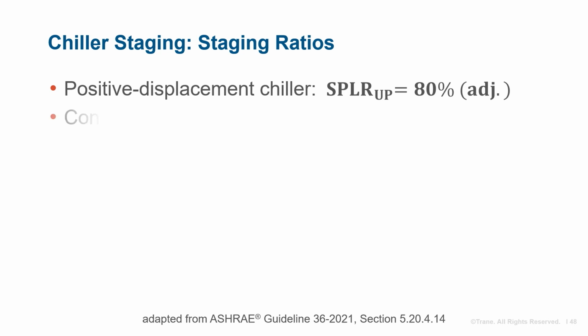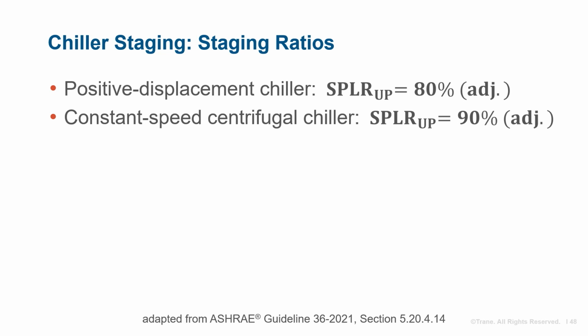Because constant speed centrifugal chillers are often the largest and last stage chiller in the plant, and their efficiency is more sensitive to load, their staging rules take precedence over the prior rules. These chillers cannot slow their rotational speed, so they unload using inlet guide vanes, which means their efficiency degrades more at lower load points.